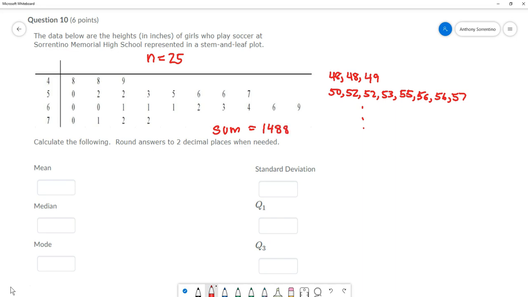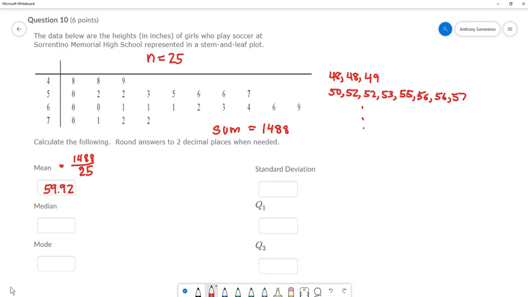And so now, if I take that 1,488 and divide it by 25, I get 59.92.